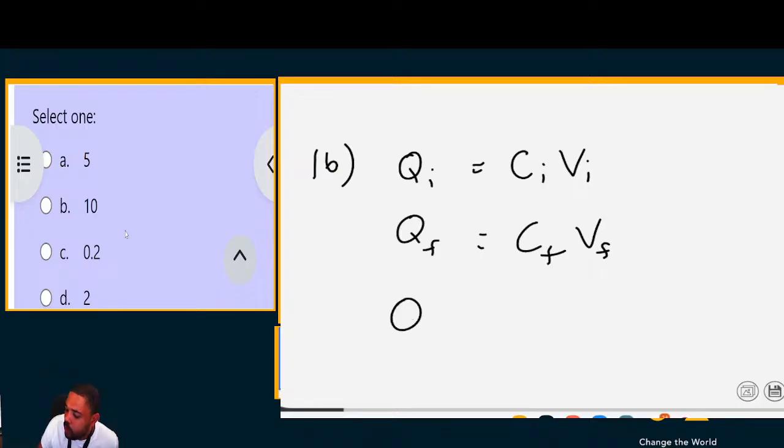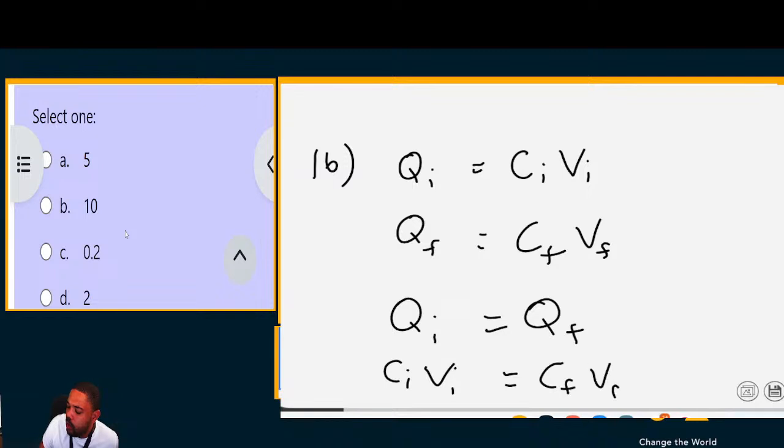Qi is equal to Qf. Charge remains constant. So it just means the initial C_i V_i is equal to C_f V_f.